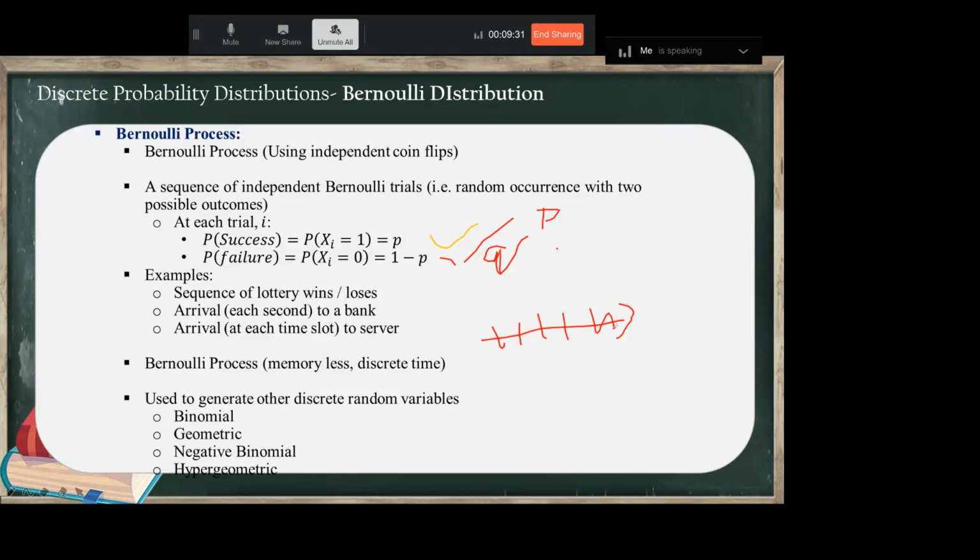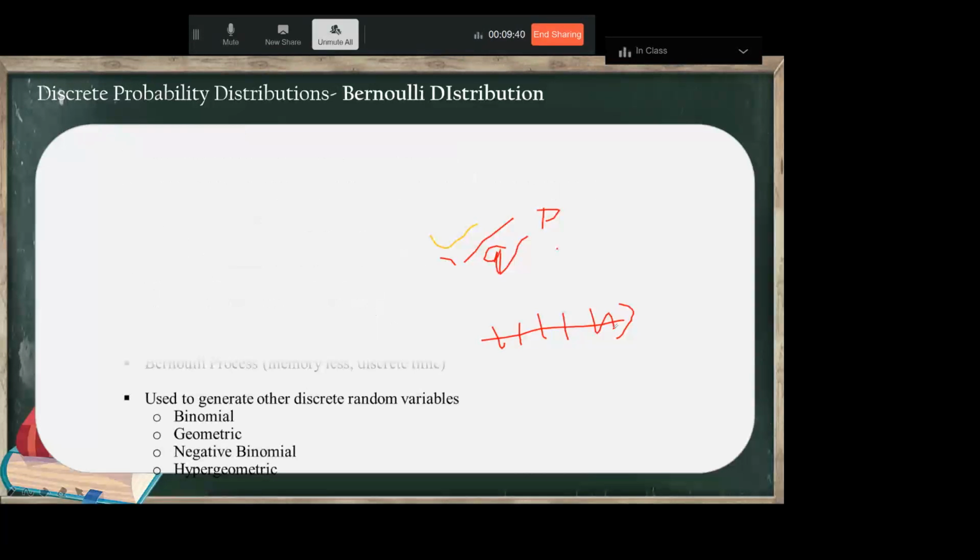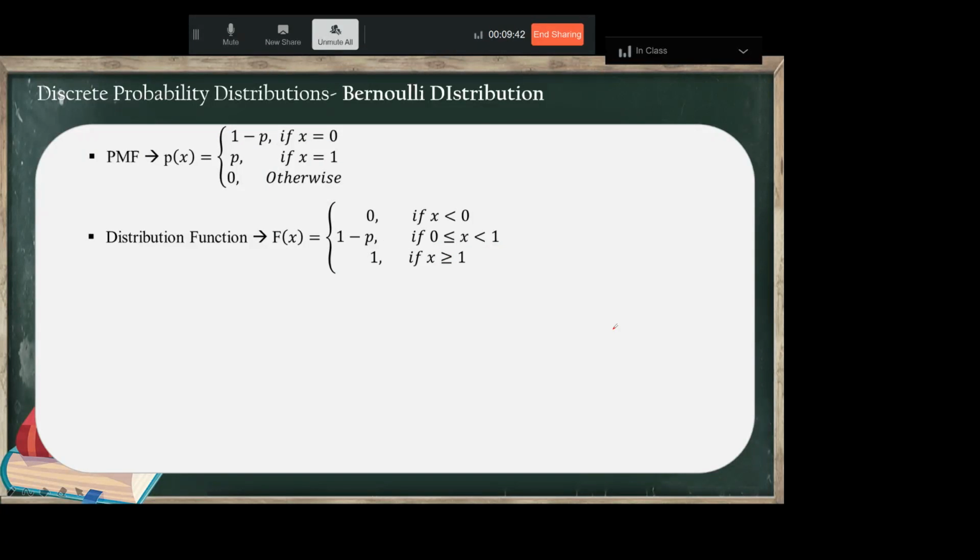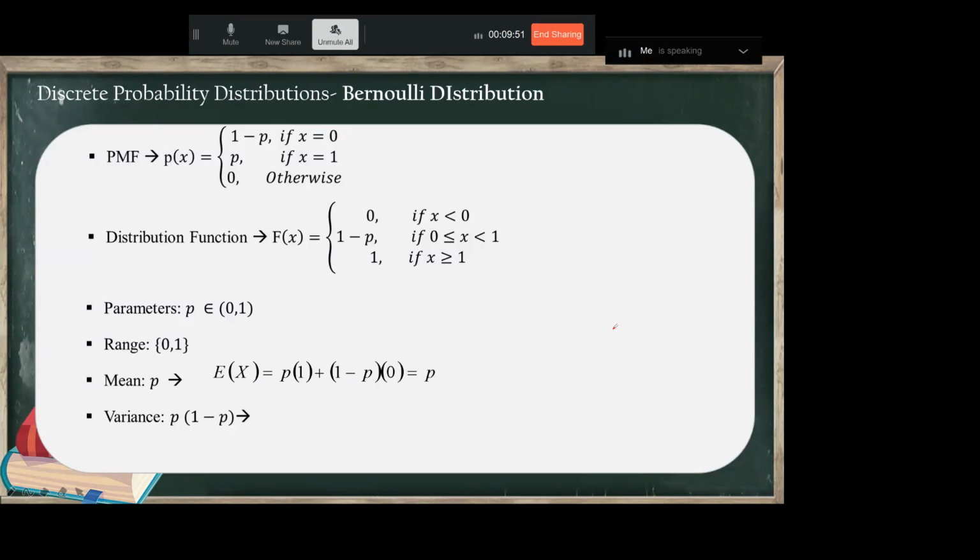We learned how to take the mean and variance, the probability mass function, and the distribution function. All of these we have already learned in the last lesson.